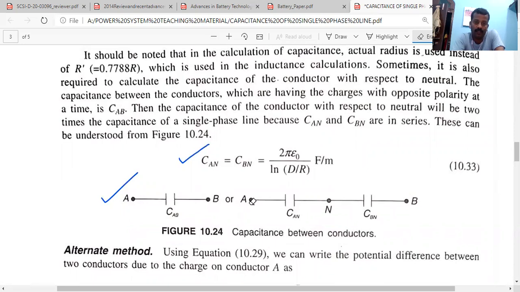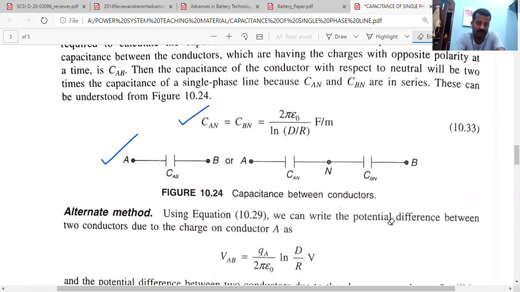Simply, A and B will be this capacitance with respect to neutral, A and N and B and N. This can be simply added in series. Then CAN will be equal to CBN.